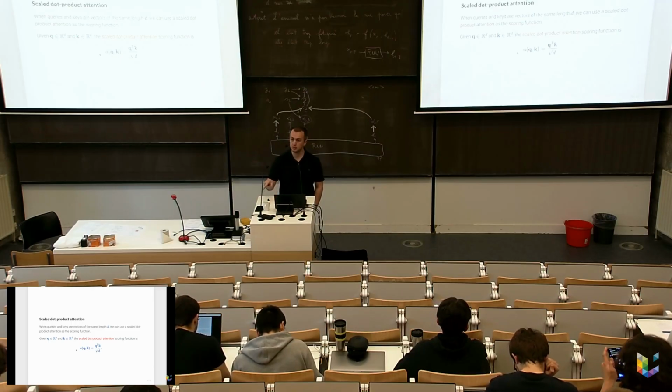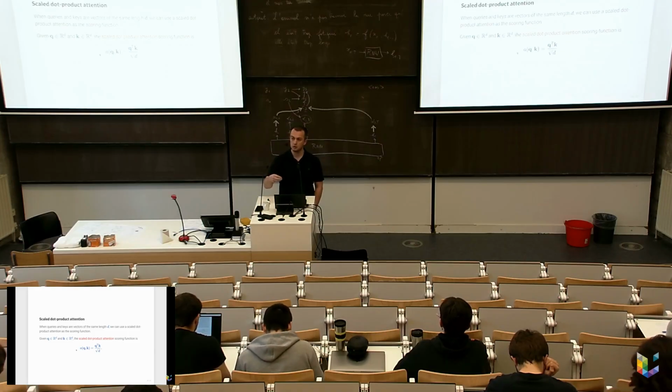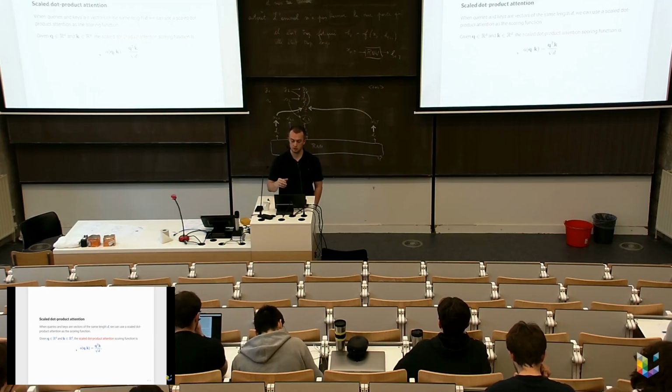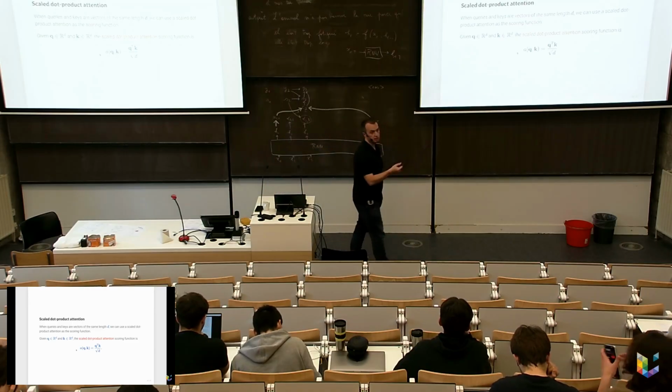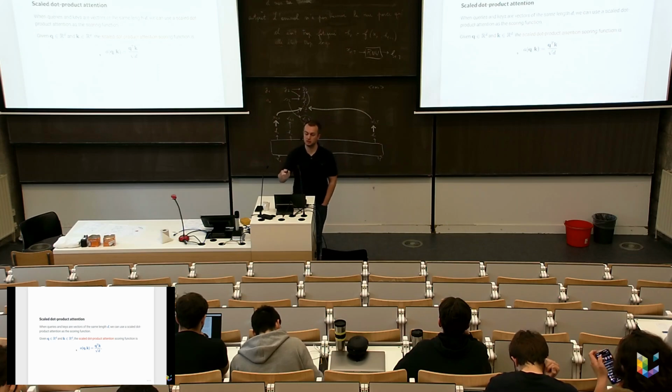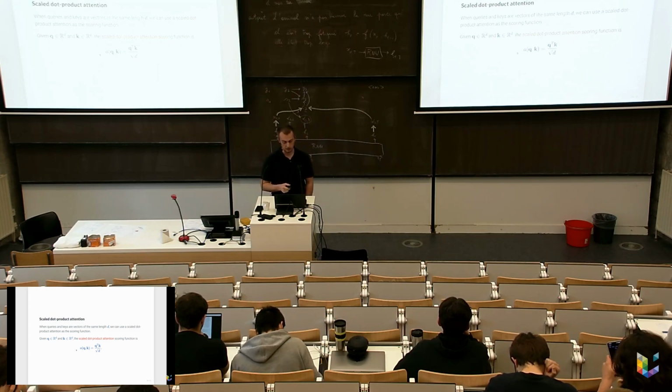And the reason we are doing that is because when we train these neural networks, we want them to behave the same regardless of the length, regardless of the number of tokens that you have. And so in this case, we would be normalizing in a sense by the number of tokens. And so the activation values, the attention values would be more or less in the same range regardless of the value of t.